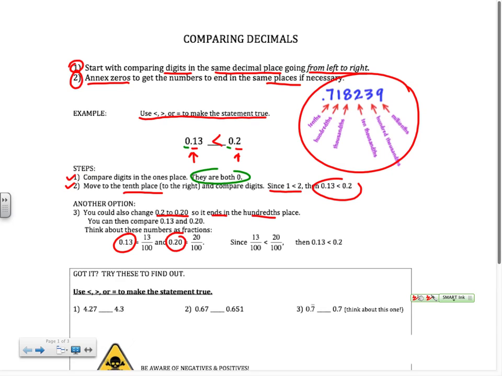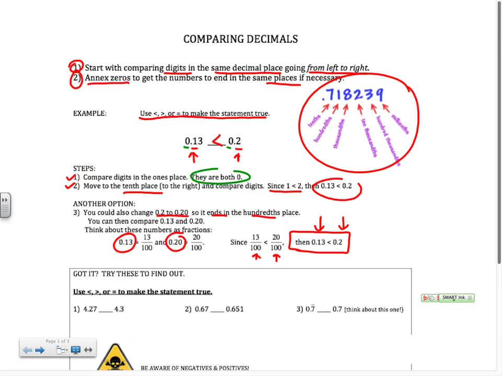And 20 hundredths, written as a fraction, is 20 over 100. So we know over here, since 13 out of 100 is less than 20 out of 100, then since they mean the same thing but just in decimal form, we can conclude finally that this decimal form of 13 hundredths is less than 2 tenths.